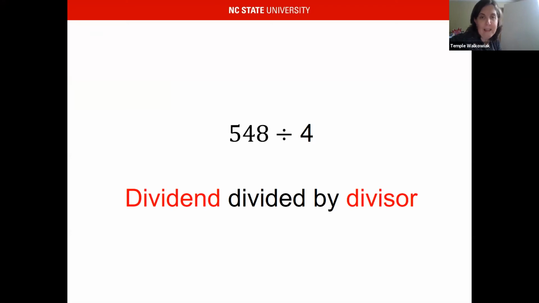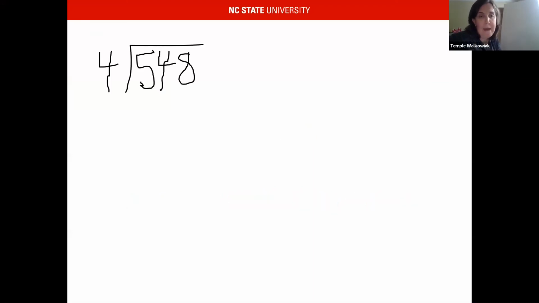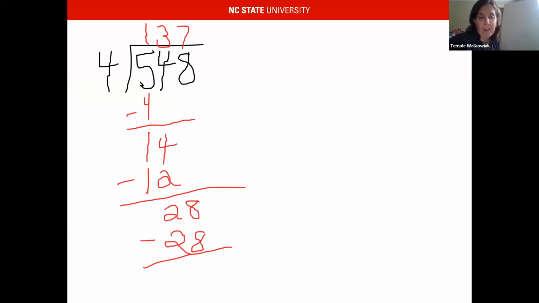So I suspect that many of you, and perhaps not all, because there are multiple ways to do this problem, but in the United States, probably set it up this way, and that your work may have looked something like this, where you found that the quotient is 137. And a lot of times we might hear language like, does 4 go into 5?